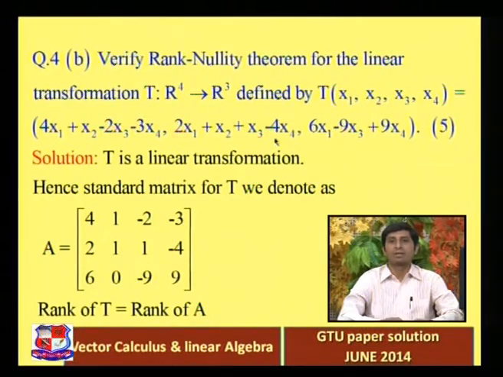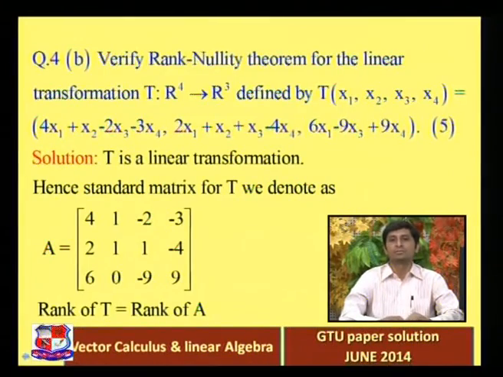From the second coordinate, the coefficients of x1, x2, x3, x4 are 2, 1, 1, minus 4. And the coefficients from the third coordinate are 6, 0, minus 9, 9.